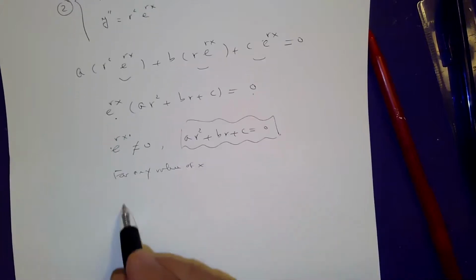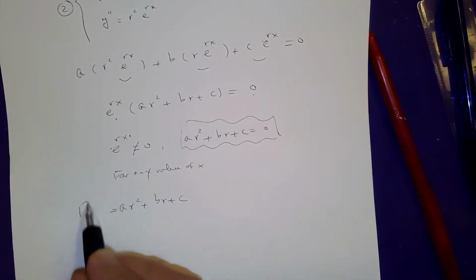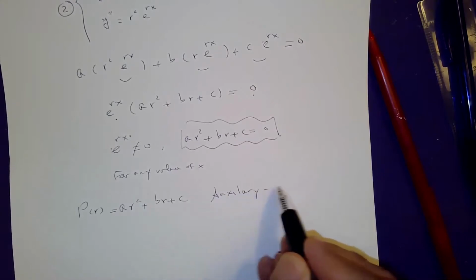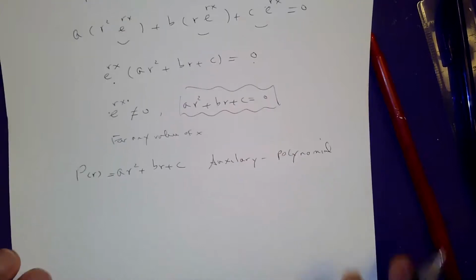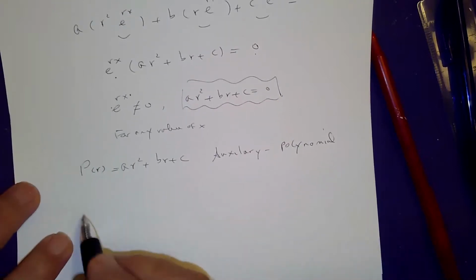And this guy, a r squared plus b r plus c, has a name. It's called the auxiliary polynomial. What is so good about the auxiliary polynomial? The roots.